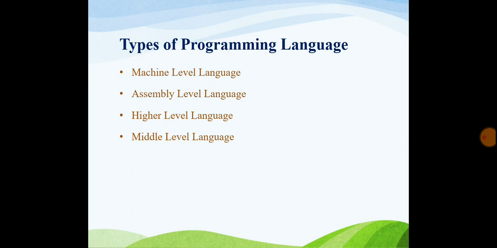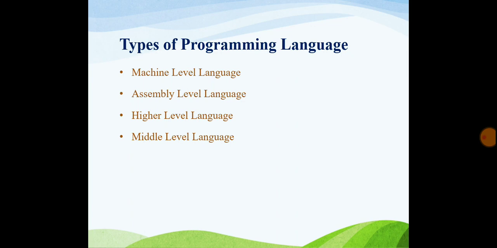So the computer is built at the hardware level to recognize this pattern of 0 and 1. And while building the computer, for a specific pattern of 0 and 1, a specific operation is defined.